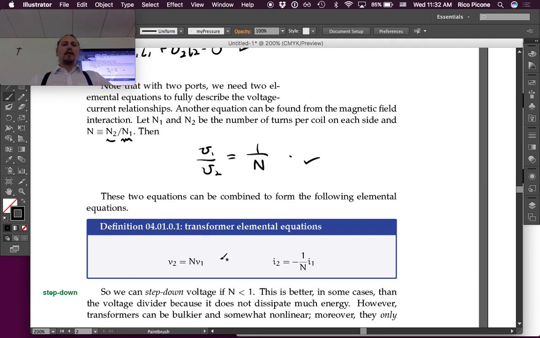So we can rewrite these in terms of V1 and I1, right? So that one says V1 equals V2 over n, and this one says that I1 is equal to negative n times I2. So you can go either direction, right? From 1 to 2 or 2 to 1.